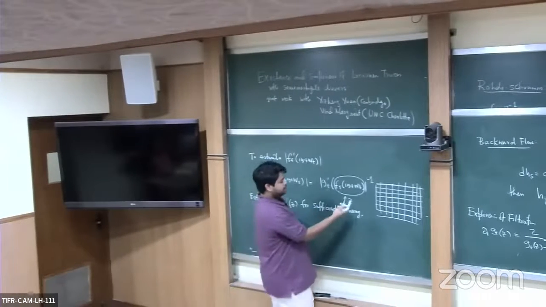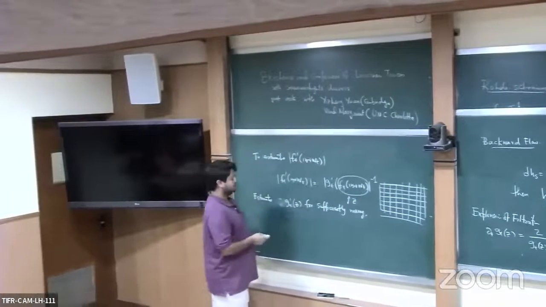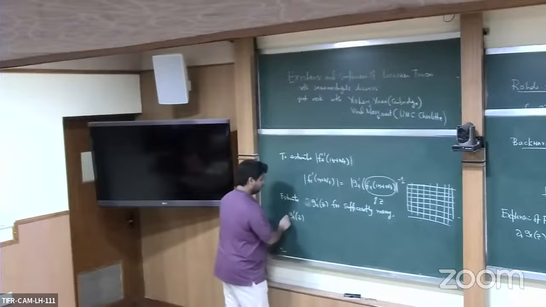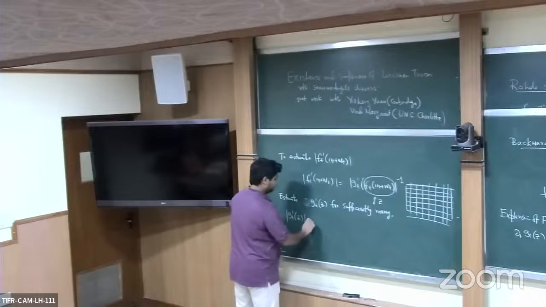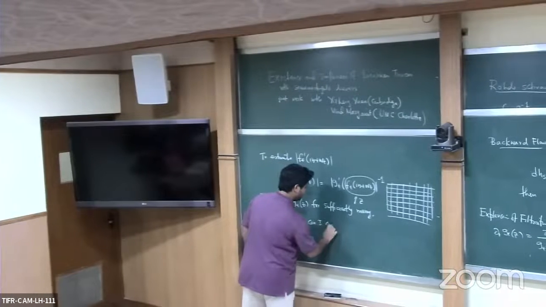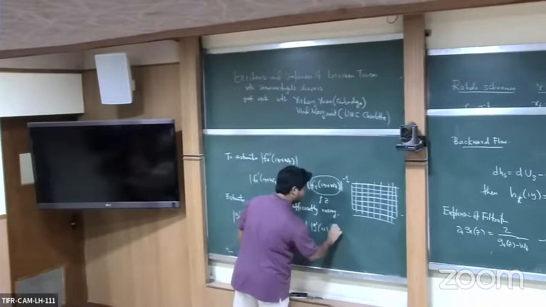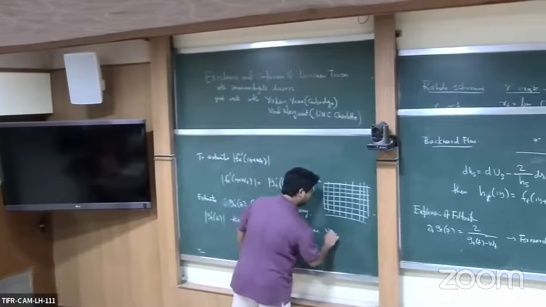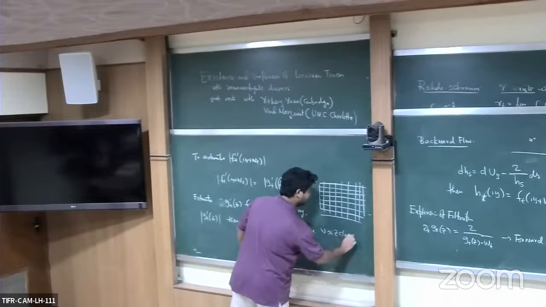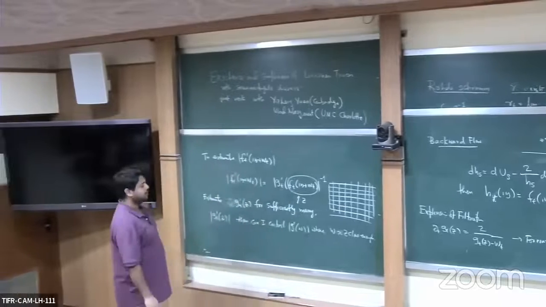So the first ingredient in the proof is this: suppose I can control g_t prime of Z, then can I control g_t prime of W, where W and Z are close enough in some sense? I don't really know what close enough means.